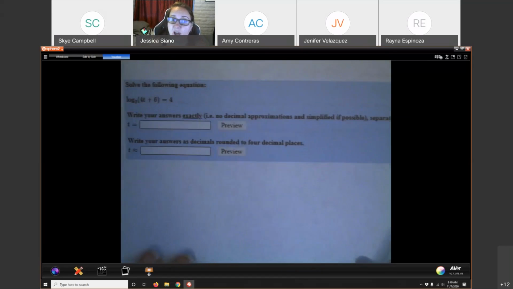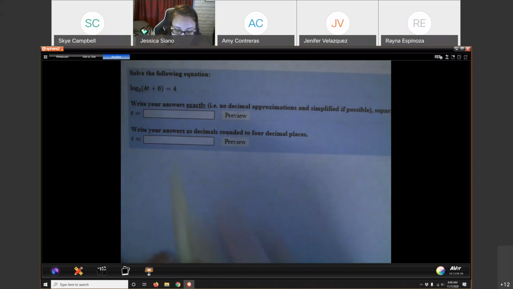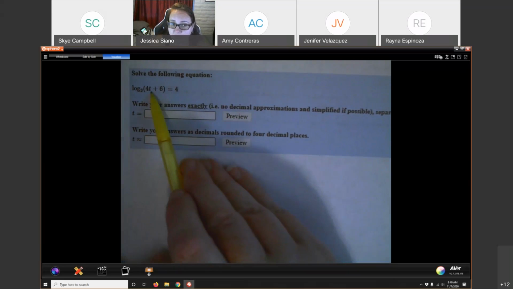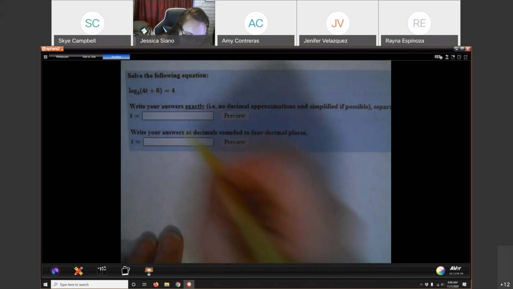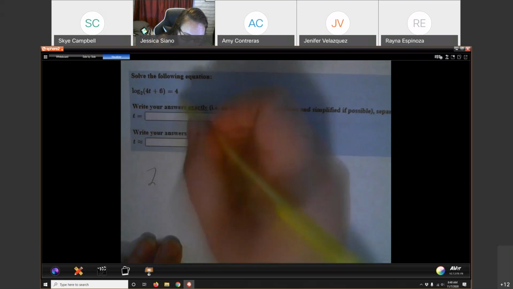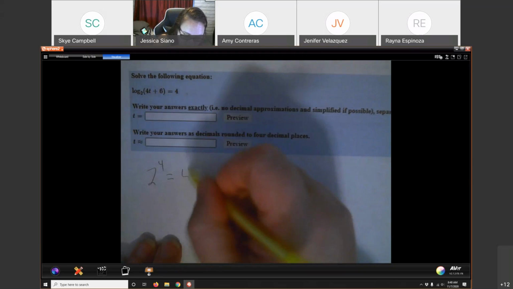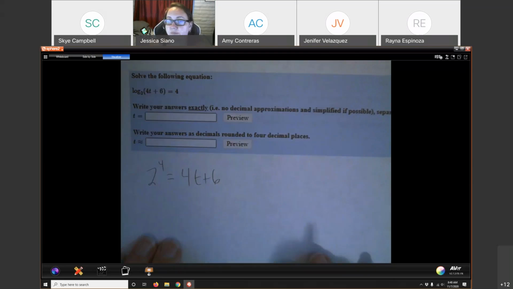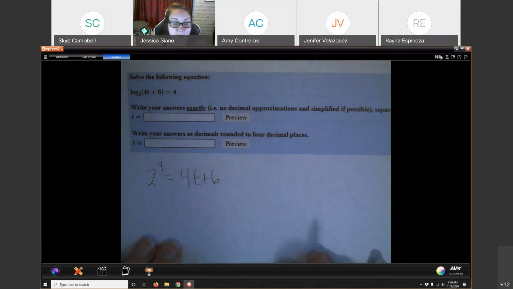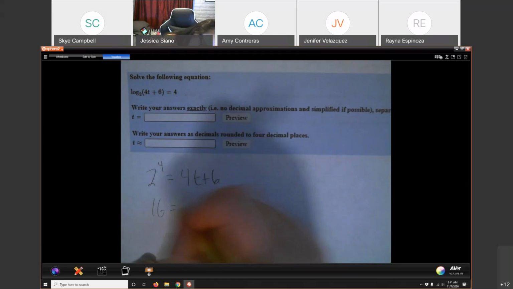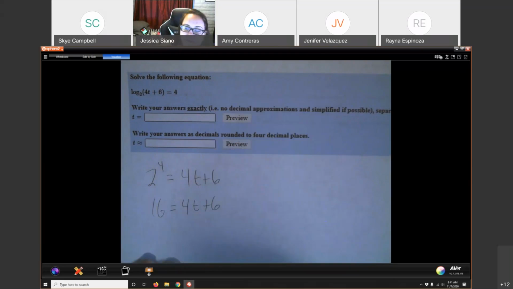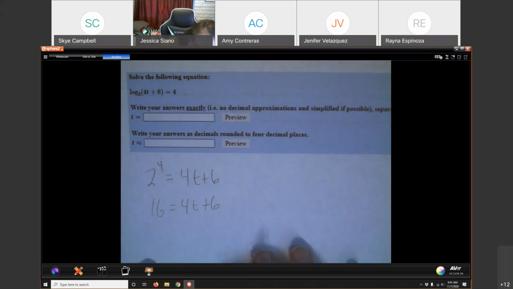Now, if we have a log and you have your variable inside here, then you're going to want to turn this one into an exponential. So as an exponential, this would be 2 to the 4 equals 4t plus 6. But what is 2 to the 4? Well, that's 16. Subtract the 6.